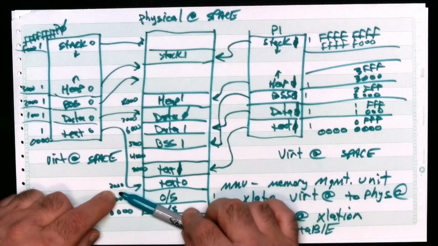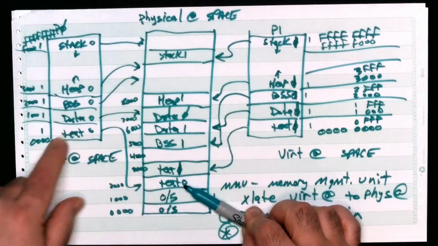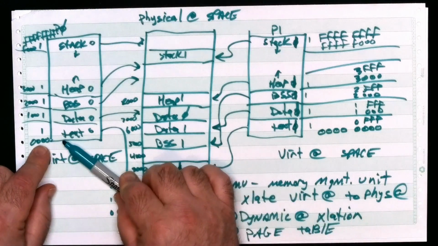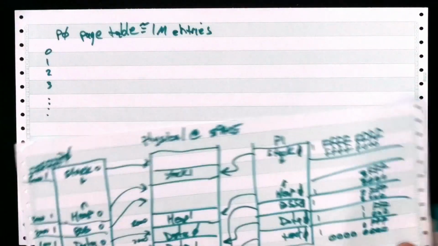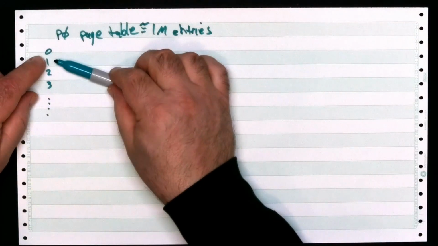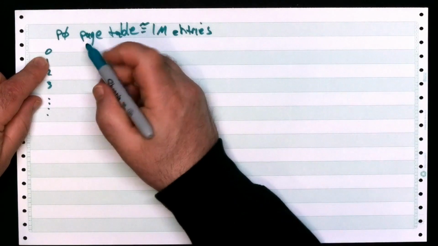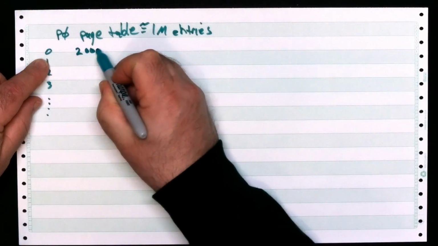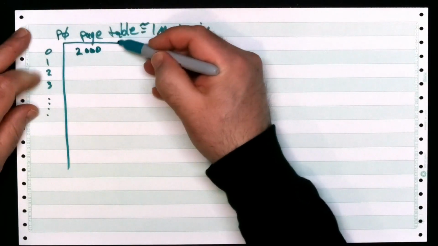That's the beginning address of where the page is in physical memory that corresponds to page number 0 in this process's virtual address space. So where does virtual page number 0 exist in the real memory? Well, that is at 2000. So I'm going to use this table to just look them up.